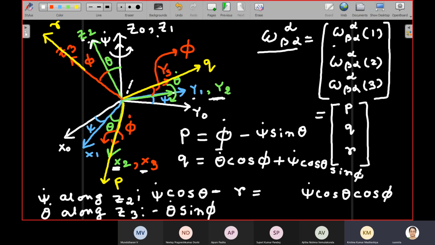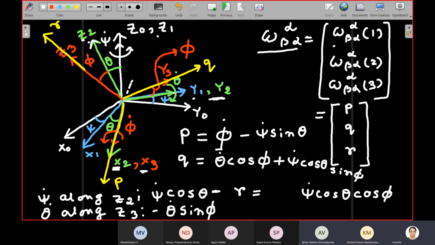So this is the only component. No other component you can see. Theta dot components will come, because phi dot is perpendicular to Z3.